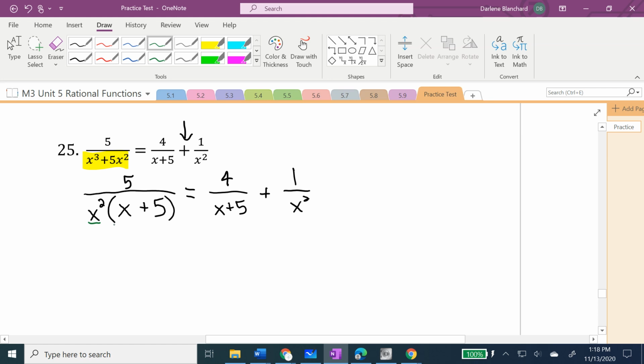This denominator has x squared and x plus 5. This denominator has the x plus 5 of that denominator, but not the x squared. This one has the x squared of that first denominator, but not the x plus 5. That makes this pairing the least common denominator, and I can just multiply by that whole thing at once. So I'm going to multiply by x squared times x plus 5.